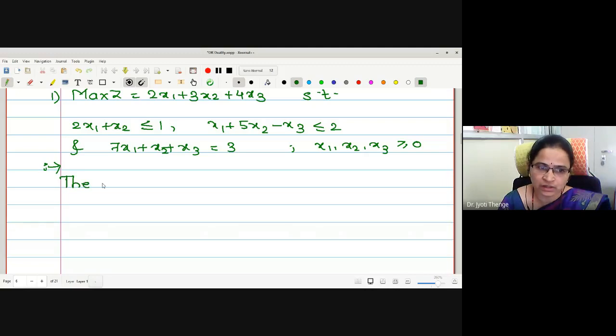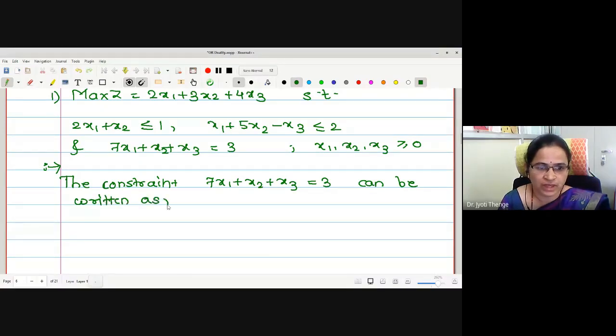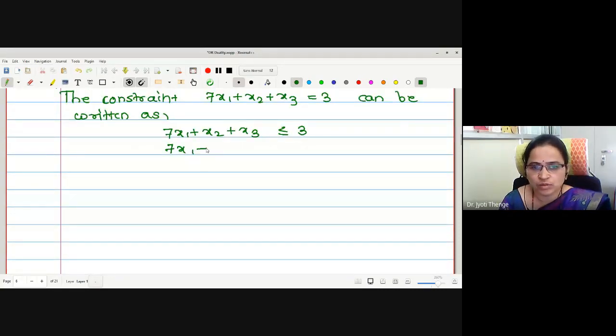Correct now? So what we have to write? The constraint 7x1 plus x2 plus x3 equal to 3 can be written as, 7x1 plus x2 plus x3, first inequality less equal 3, then 7x1 plus x2 plus x3, and the second one is greater equal 3.